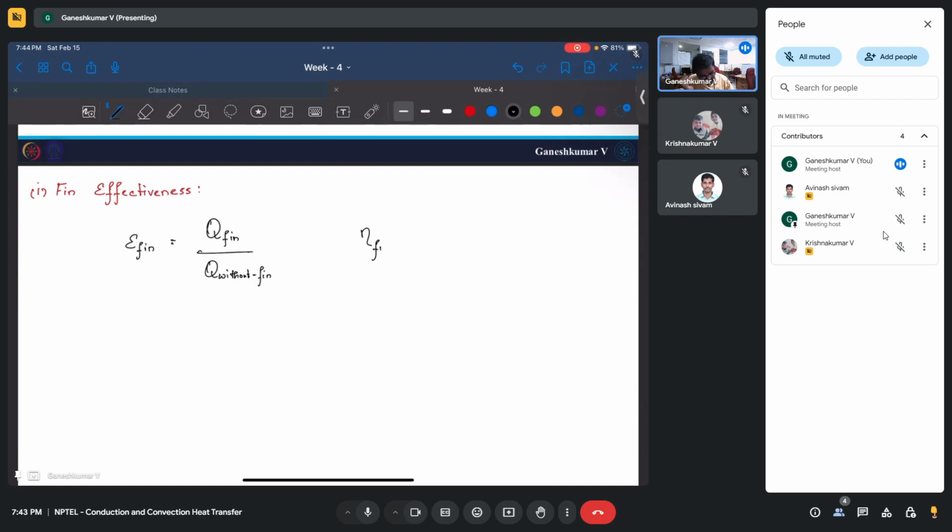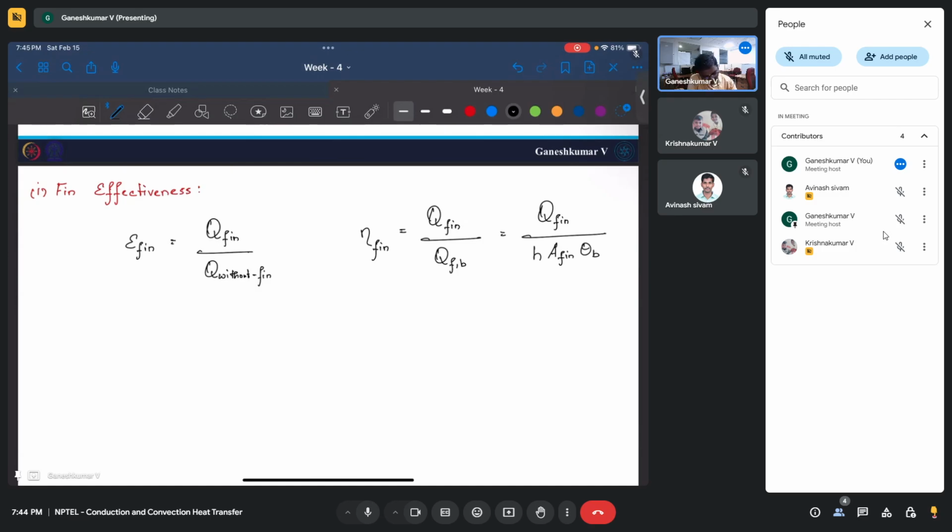So efficiency of the fin is given, which is going to be Q of fin divided by Q of fin when your entire fin is at base temperature TB. Q of fin is the actual heat transfer rate of the fin, and Q max is nothing but h times area of the fin times theta b.